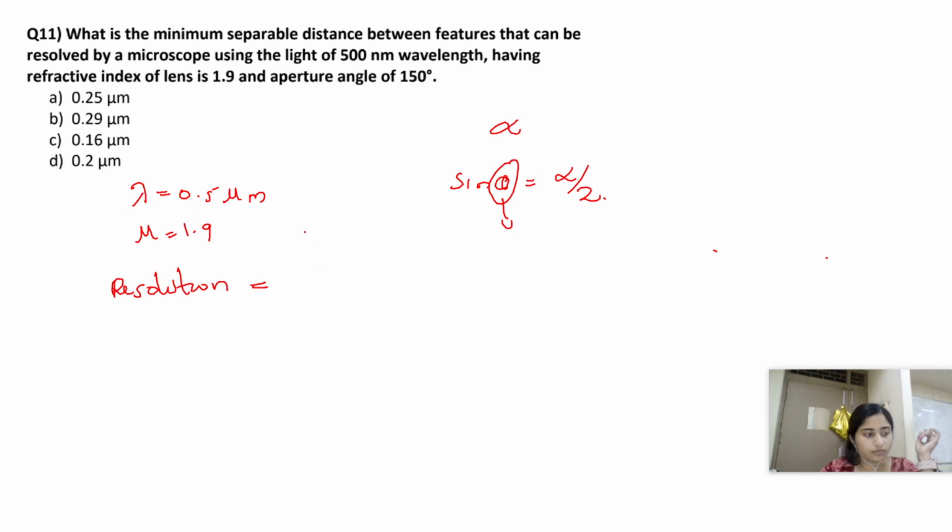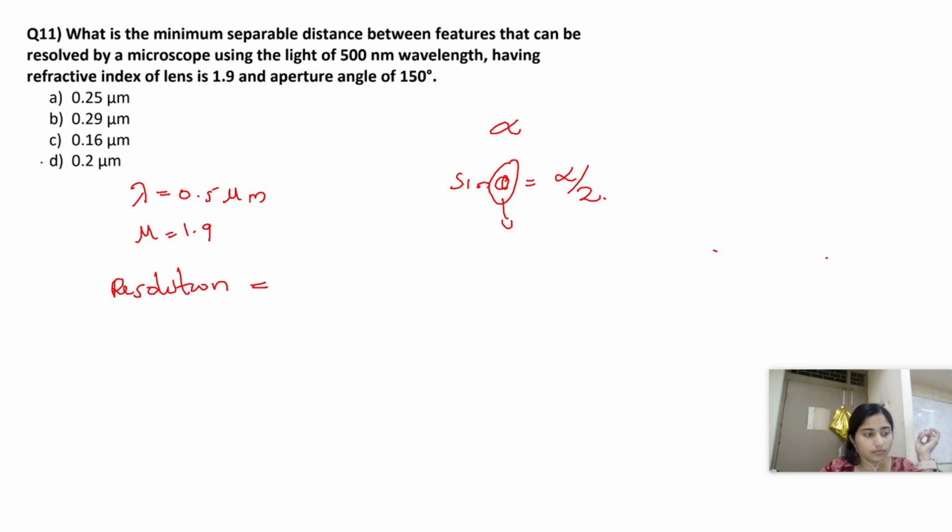Here the aperture distance is not given, so you have to substitute lambda value, mu value as well as theta value separately.